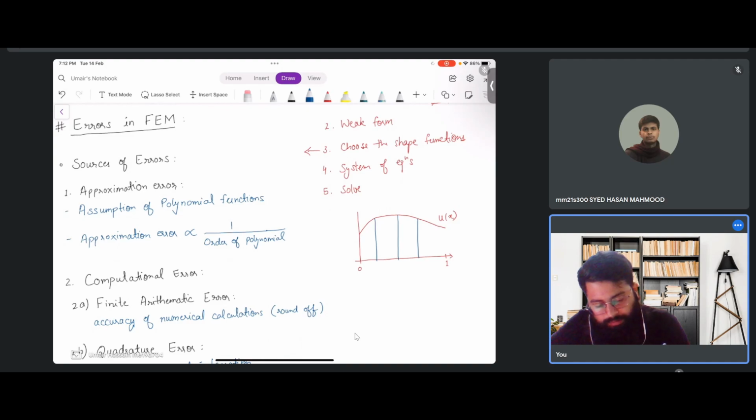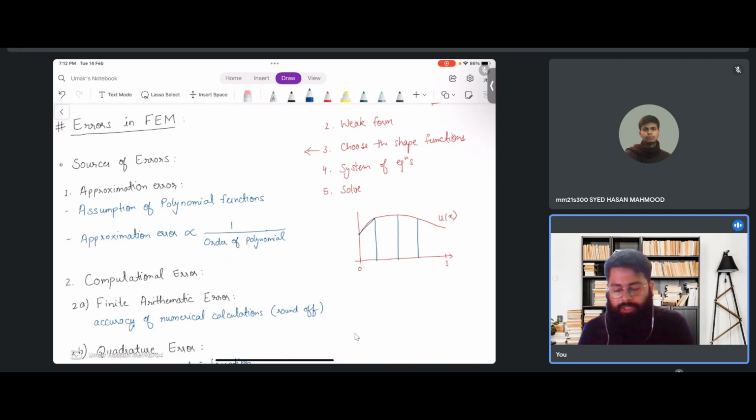In this element we have to have some approximation of the solution, so we choose a polynomial as a shape function. If we choose a linear shape function, we're going to get a result like this, which is a straight line. I will draw it. This is supposed to be a straight line, right?